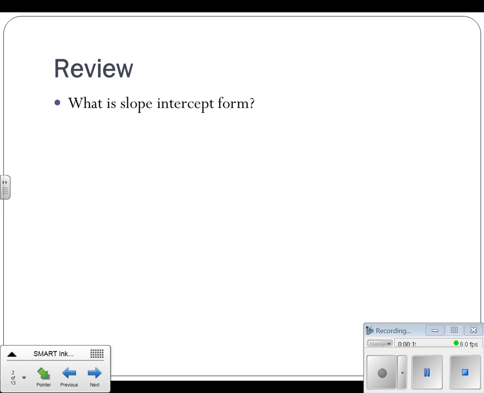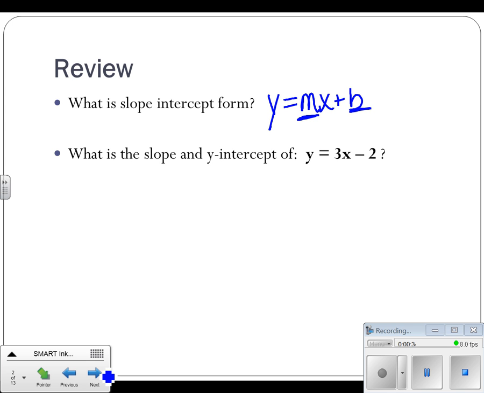What is slope-intercept form? We know that this is y equals mx plus b, where the m is the slope and the b is the y-intercept. What is the slope and the y-intercept of y equals 3x minus 2? The slope is 3.